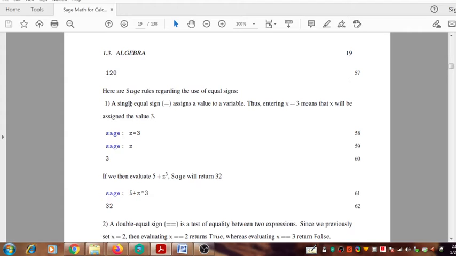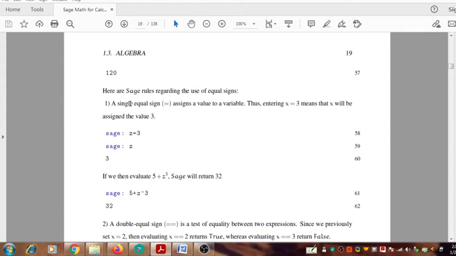Suppose we have a variable, and then an equal symbol, and then an expression. That means the expression is assigned to that variable. So the single use of equal means that something is assigned to some other thing.